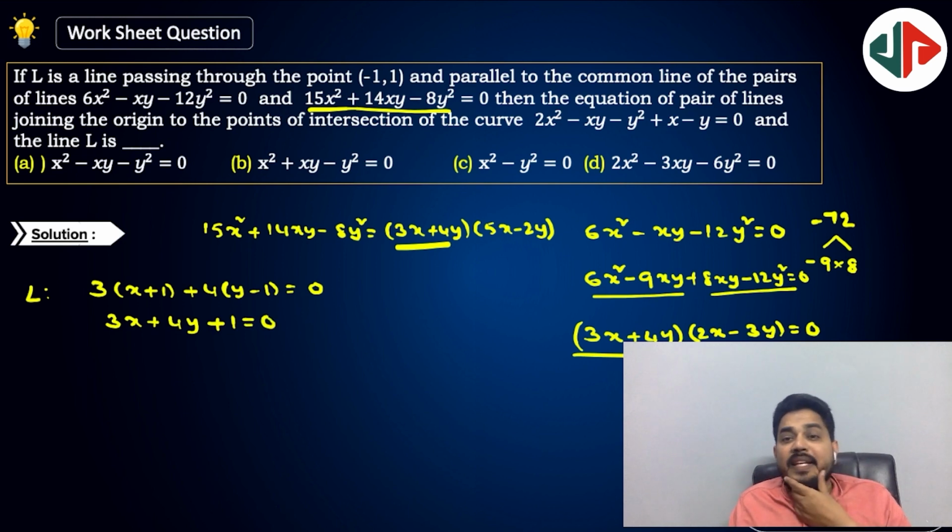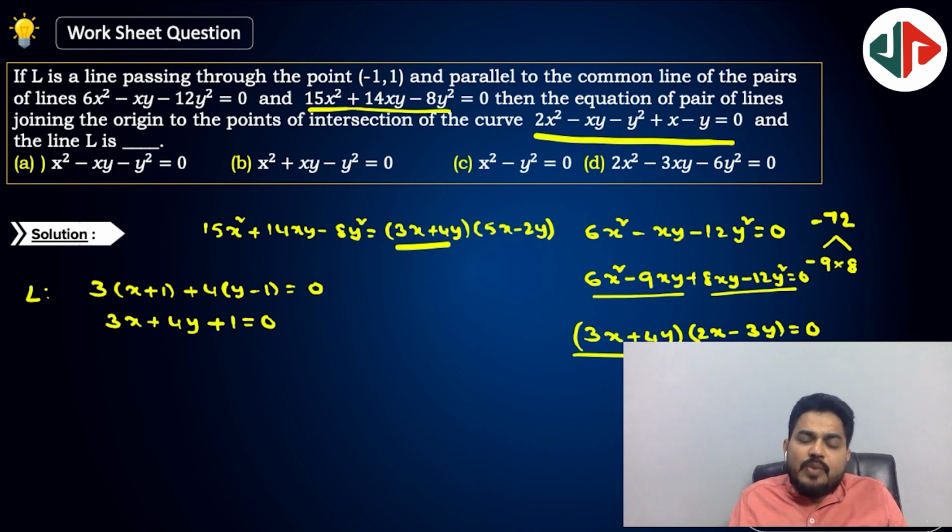Now, the equation of the pair of lines joining the origin to the intersection of this one with the line. You need to homogenize this equation by using this. From here, 1 is equal to minus of 3x plus 4y.